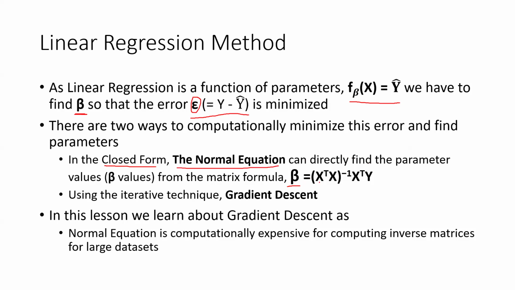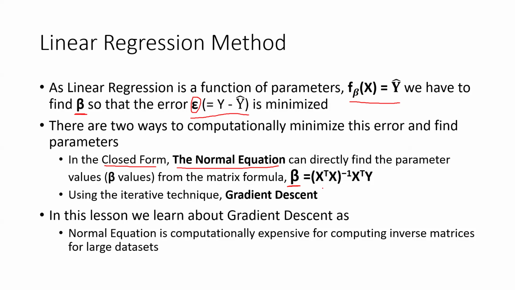These are matrices, and these are vectors, right? So you can use X transpose X, take the inverse of it, and then multiply it with X transpose again and multiply with the y vector, right? So this is how you can directly get the beta values, right? So this is the closed form of linear regression.